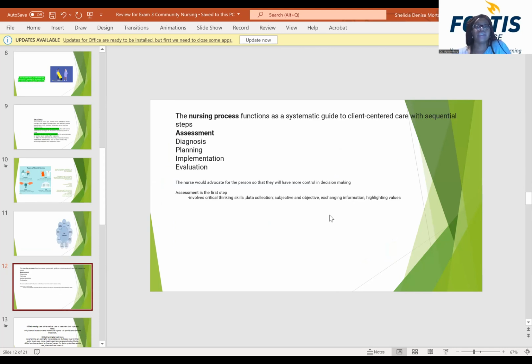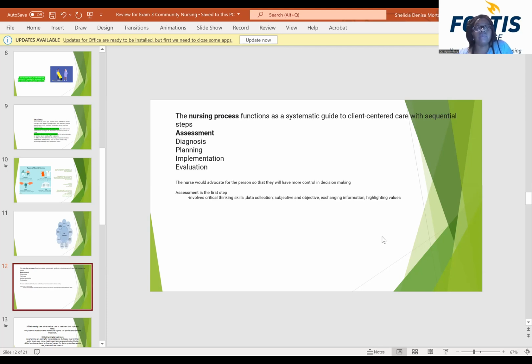So the nursing process, can't get away from it. It functions as a systematic guide to client-centered care with sequential steps. So we know we have assessment, diagnosis, planning, implementation, and evaluation. So this slide focuses on the assessment piece. The nurse would advocate for the person so that they will have more control in decision making. So how would we do that?